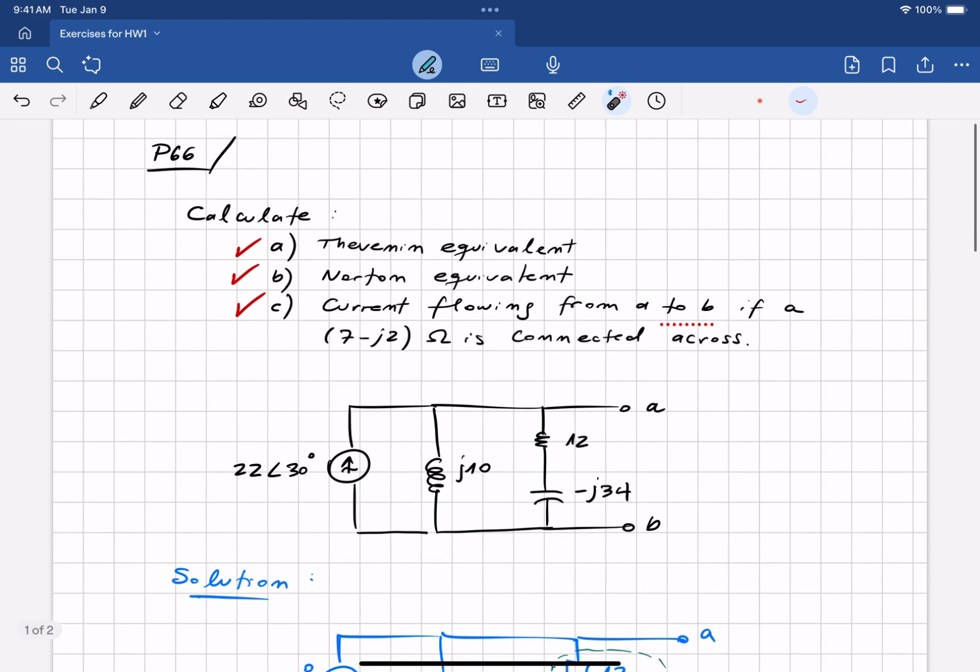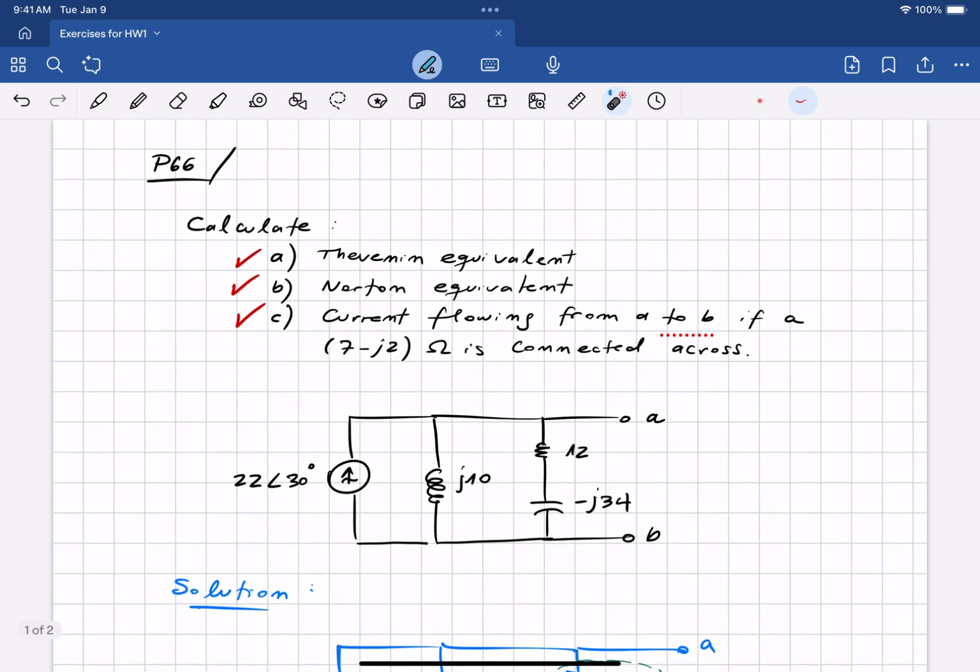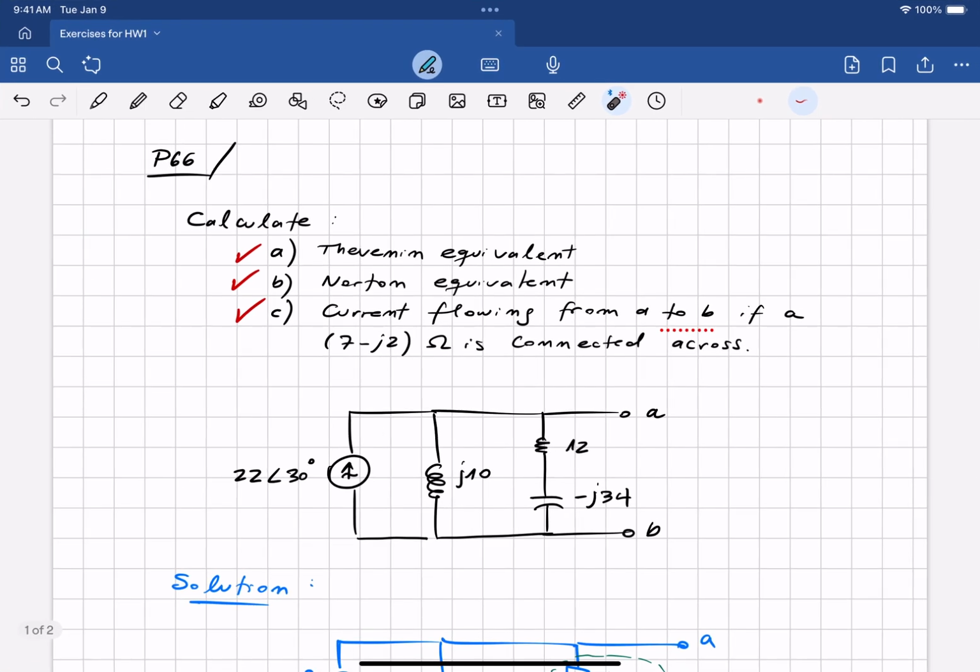And to summarize this, I want to give a final recommendation: always, in the phasor domain, think of these as impedances. They're all boxes that can be combined in series and parallel. Even though they may come from a more complicated circuit or from elements such as resistors, inductors, and capacitors, in the phasor domain, they're all boxes that can be combined.